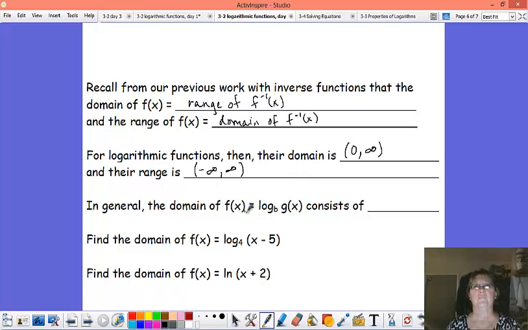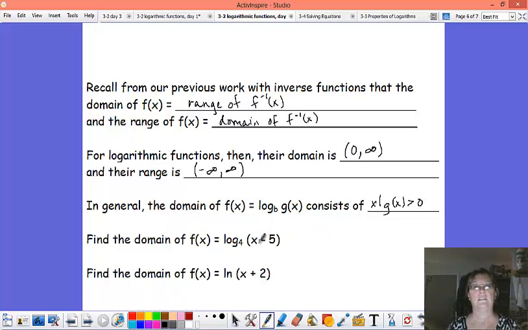In general, the domain of log base b of g of x consists of x that makes g of x positive. So it's x such that g of x is bigger than 0.